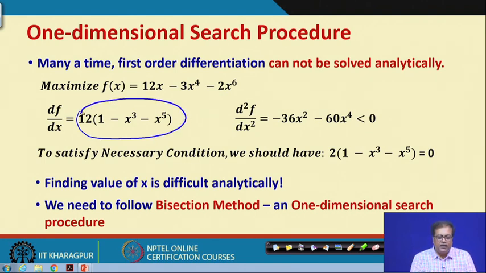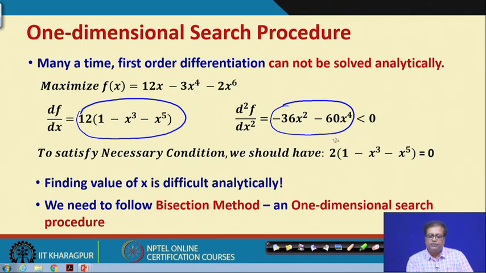If we take the second derivative, that will be minus 36x squared minus 60x to the power 4. All right. Now, second derivative is less than or equal to 0. Why? Because put any value of x, x squared will be a positive term and x to the power 4 will also be a positive term. So, this is multiplied by a negative number and here also multiplied by a negative number.